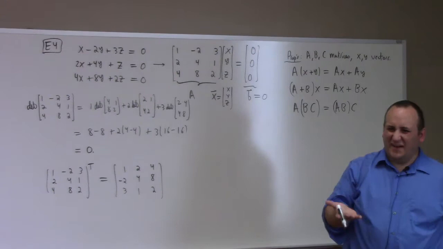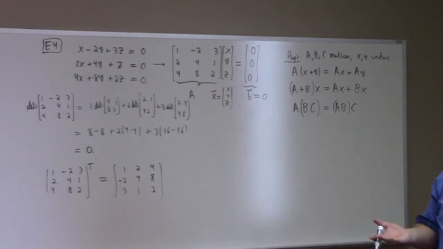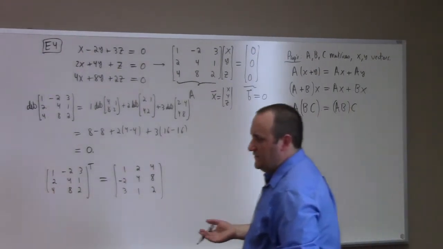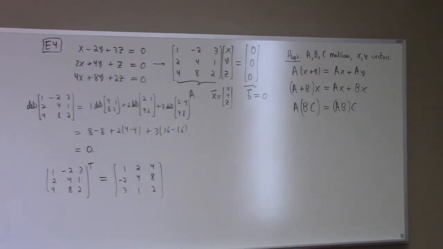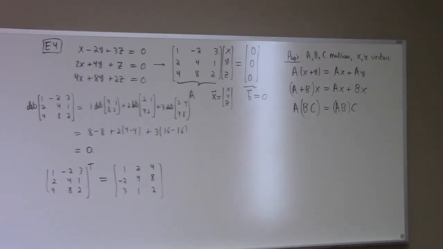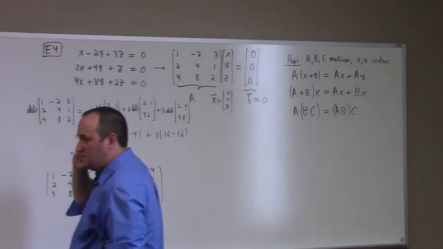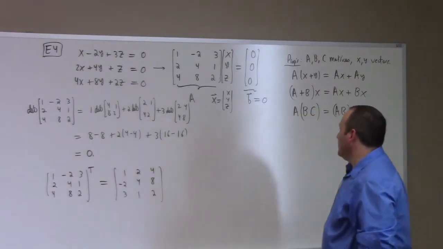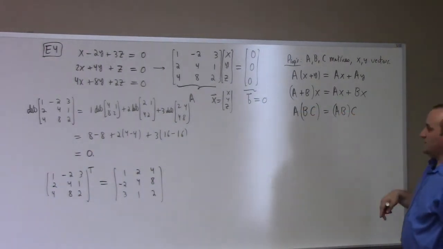Technically speaking, a vector is just a special kind of matrix anyway. It's a matrix with just one column, but more than one row, you know? So vectors are also matrices from a pure perspective. But these are properties of matrix multiplication.